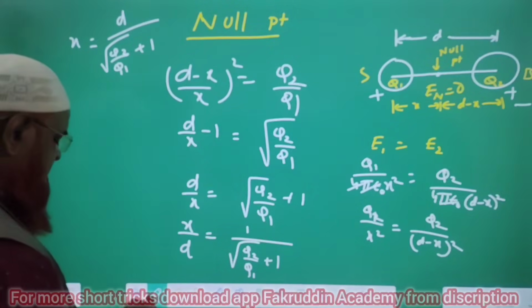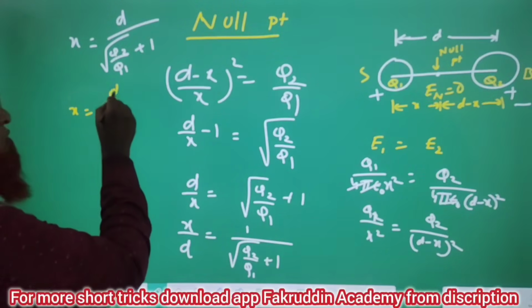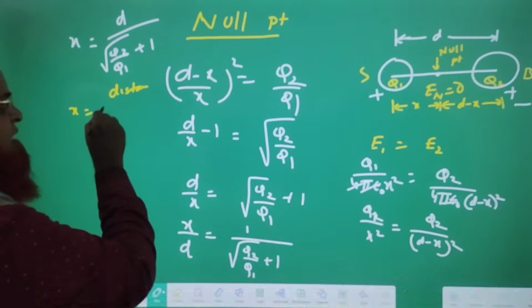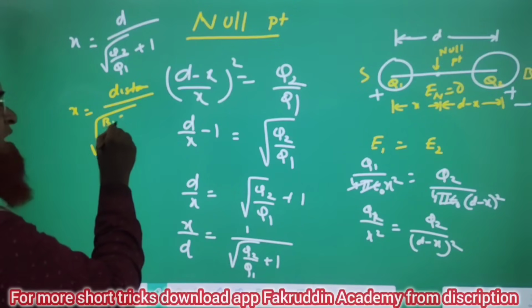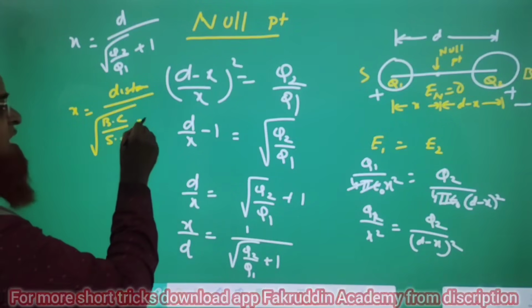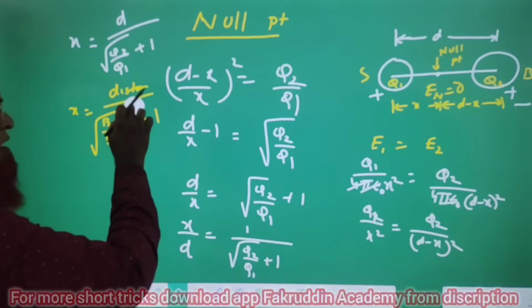So therefore, in general we can write x is equal to distance divided by square root of bigger charge by smaller charge plus or minus 1.